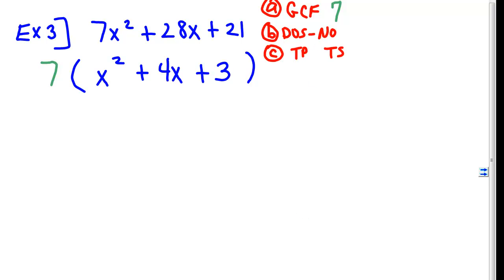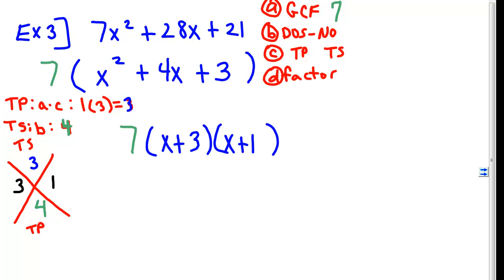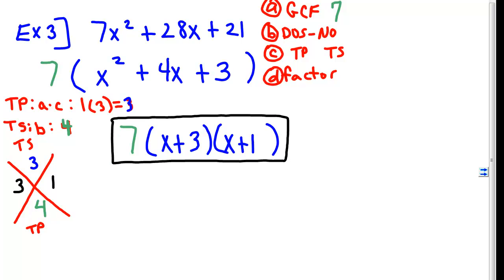So now I go to target product, target sum. My target product is 3, and my target sum is 4. My two factors that multiply together to give me 3 but combine to give me 4 are 3 and 1. And these go in my factors. I am done.